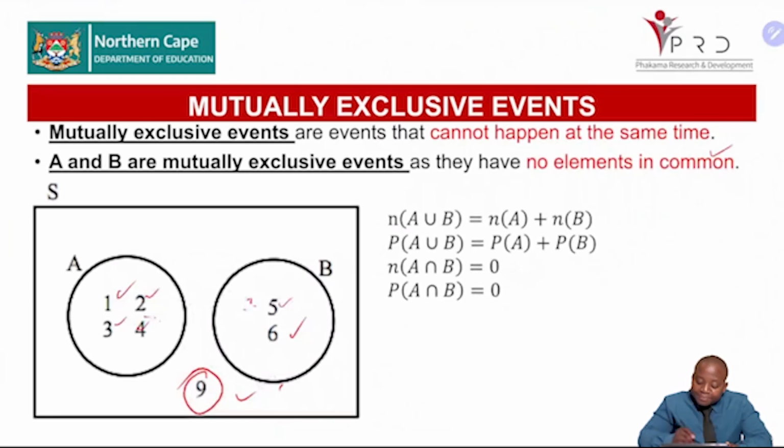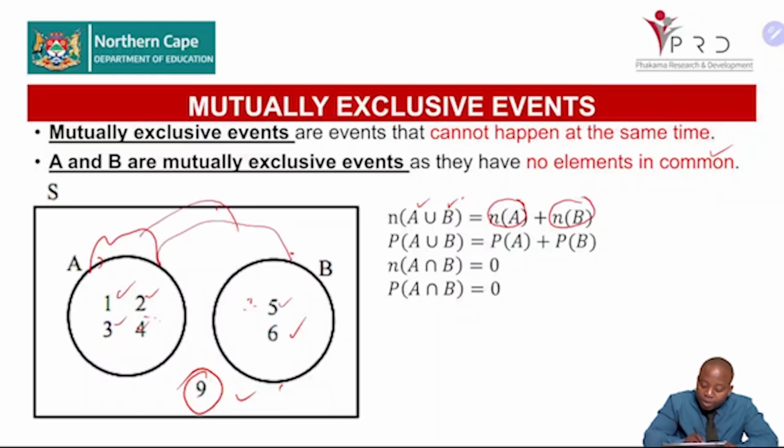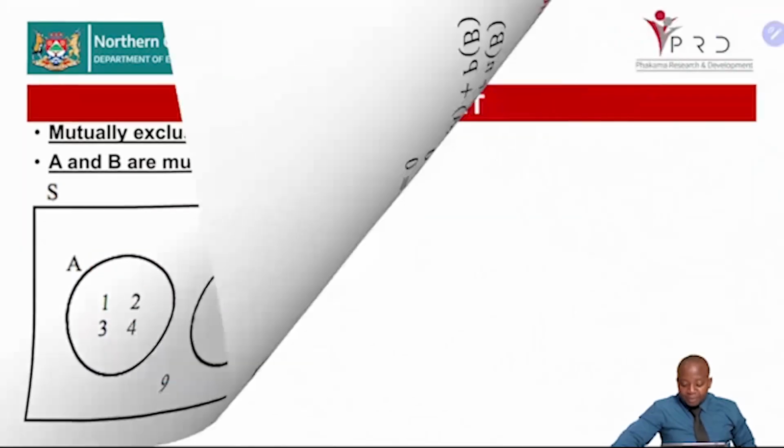So when these are mutually exclusive, the number of events in A or B is going to be the number of events in A plus the number of events in B. Then the probability of A or B occurring is the probability of event A plus the probability of event B. The number of events between A and B, the intersection, is 0, because there is no intersection. So the probability of A and B occurring at the same time will also be 0, because we don't have any events that they are sharing.